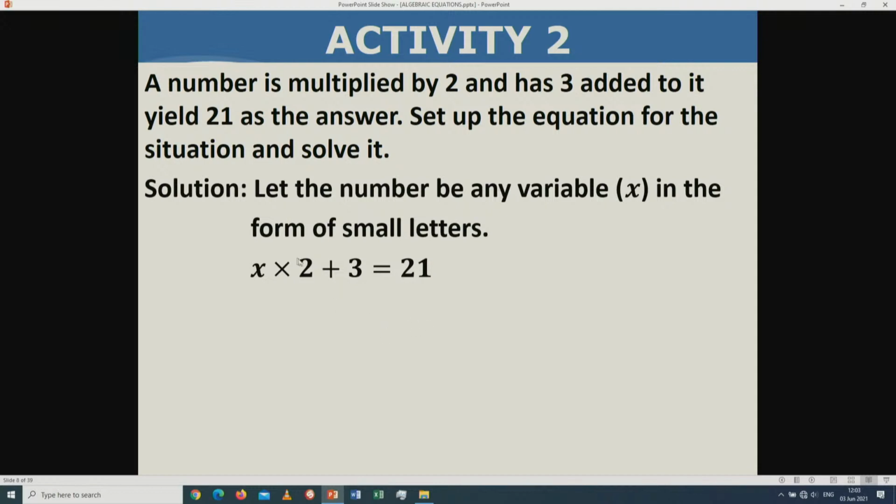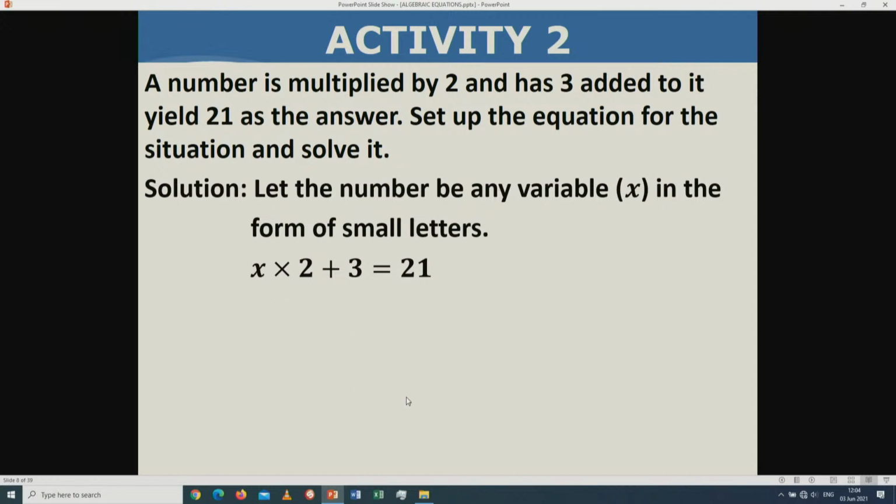And surely we can see that the number that we need must be 18. If we add 3 to 18, it will give us 21. Now, therefore, 2 times x must be 18.